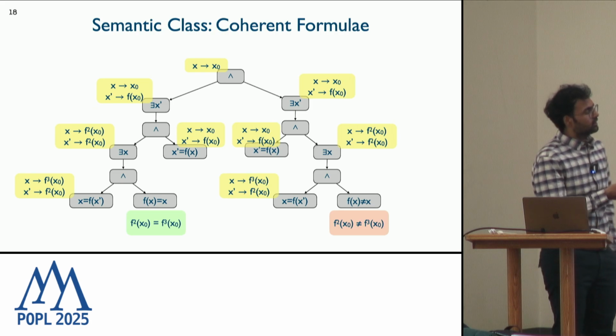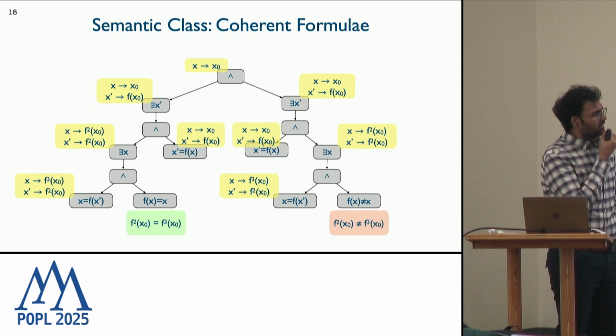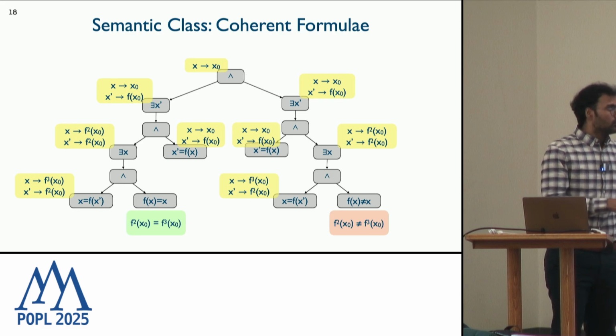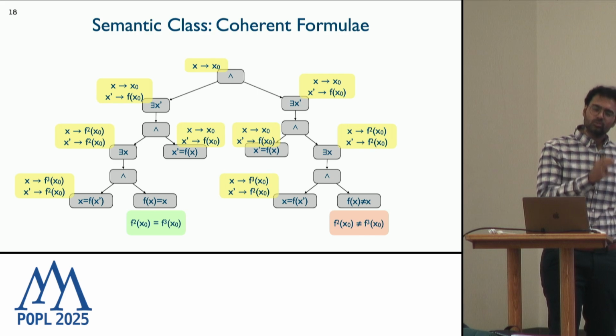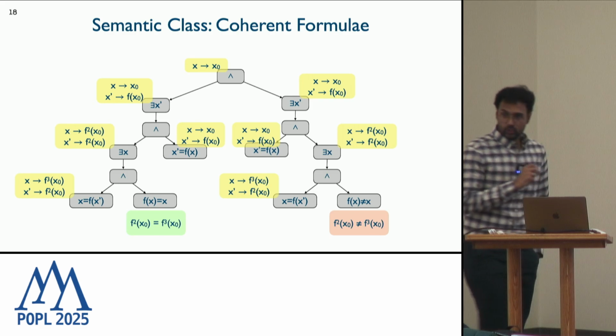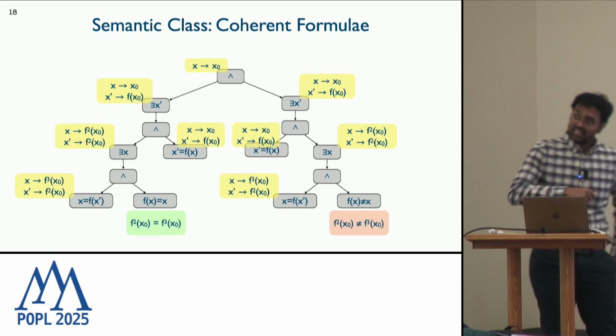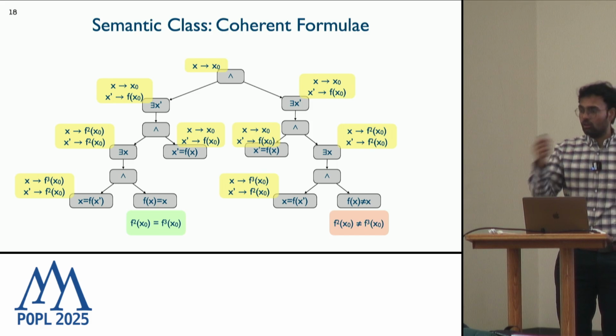Over here, if you have a formula, you can essentially try to annotate that formula with the term corresponding to each variable at that particular node. And when you do that, you would like this annotation to be consistent across all the paths in your tree.